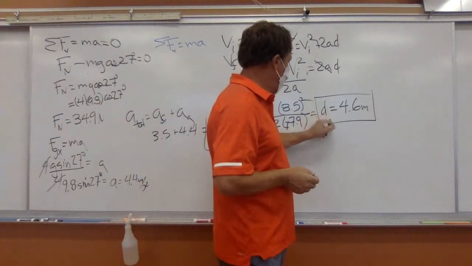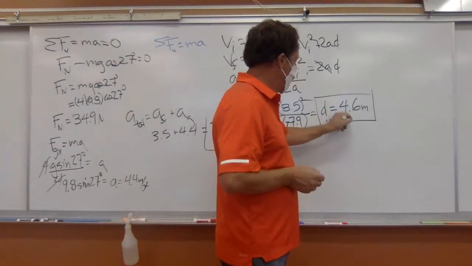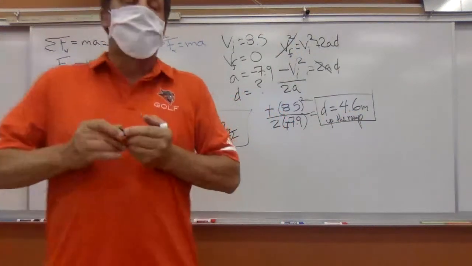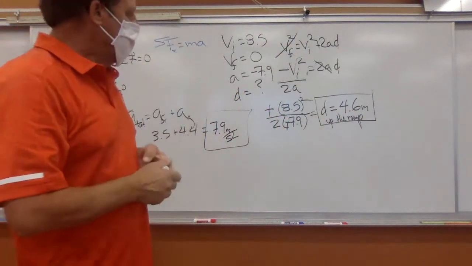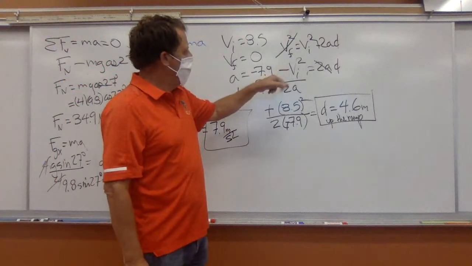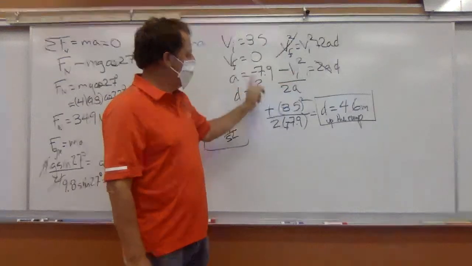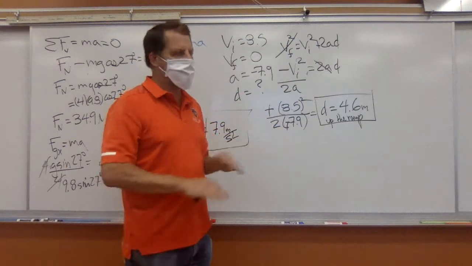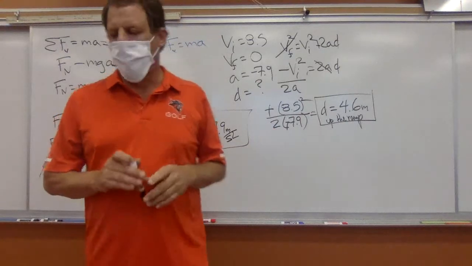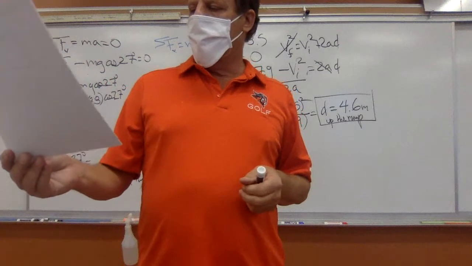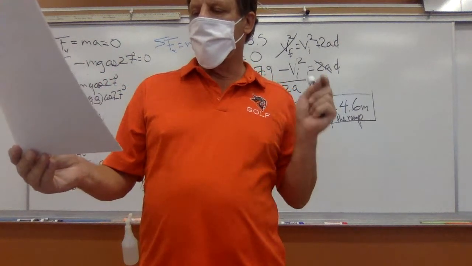We could call that 4.6, and that would be up the ramp. We can see that if we made this one negative, then the negative and negative would cancel out, and this 7.9 would have been positive. Same answer. Now we are kind of at the end here.